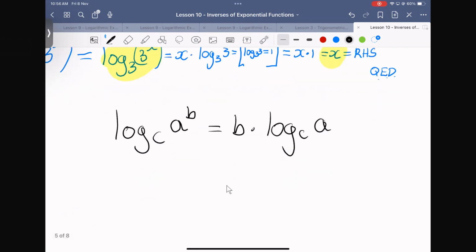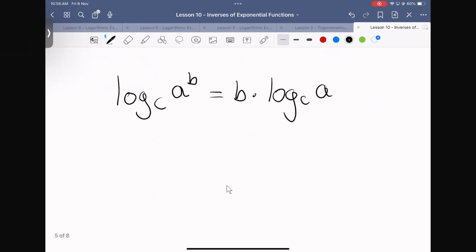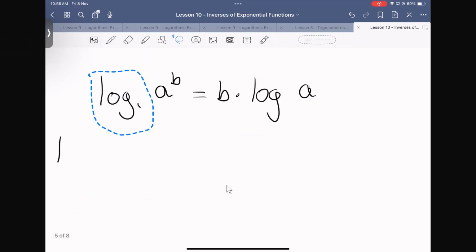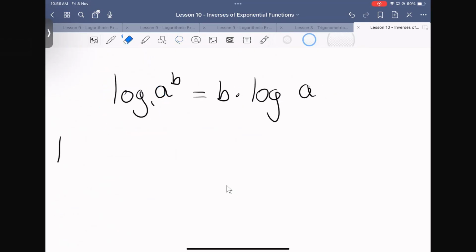Let me remind us of the three laws of logarithms. What are the other two? For the rules, let me leave off the c, because it is for any base. So that's the first one.